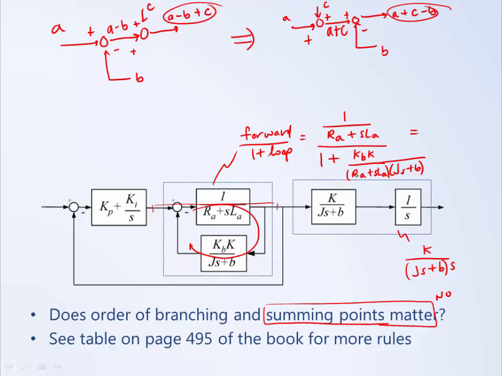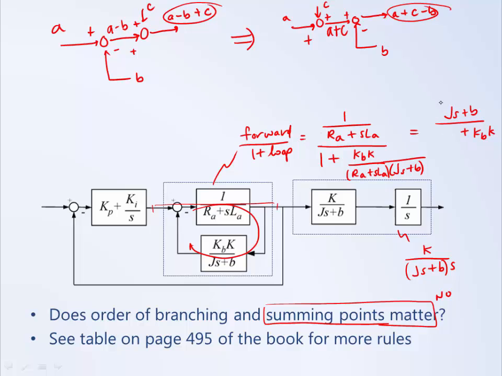So if we multiply on the top and the bottom by this, the Ra plus sLa will cancel, and we'll be left with a Js plus B. When we multiply this quantity by the denominator, it'll cancel, and we'll just be left with a Kb times K. And when we multiply this by the denominator, it'll also distribute to the 1.